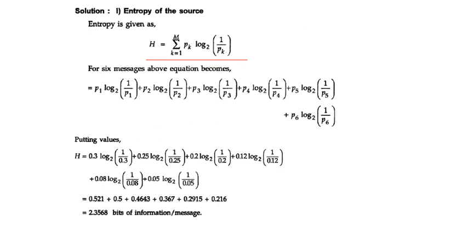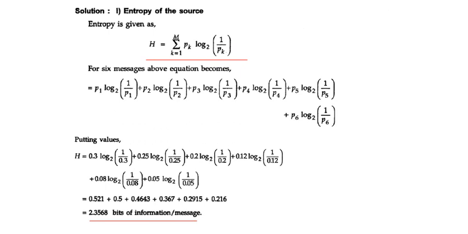The symbol probabilities given were 0.3, 0.25, 0.2, 0.12, 0.08, 0.05. Using these probabilities we calculate the entropy of the source, and we obtained 2.3568 bits.